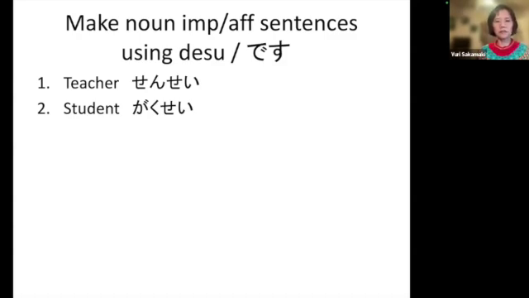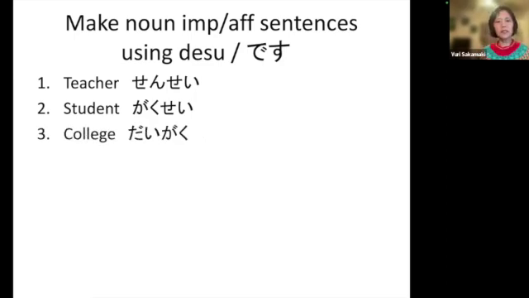You are polite enough if you just say 先生です. If you just say 先生, maybe they might think you're not very polite. So I always try to be more polite than I probably need to be, just in case. I don't want people to think that I'm rude. So I would advise you to think in the same way.